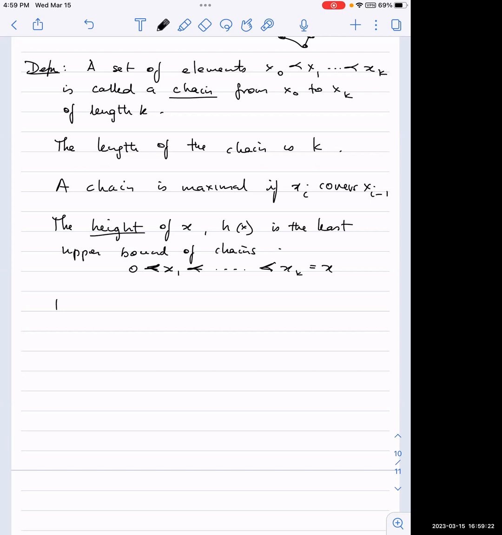And if all maximal chains have the same length, then P satisfies what's called the Jordan-Dedekind condition.